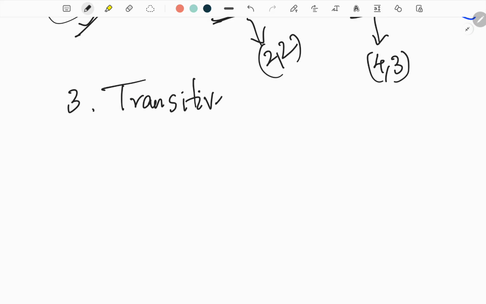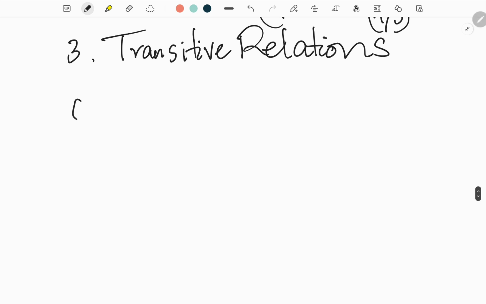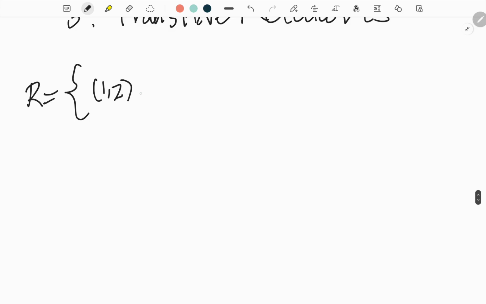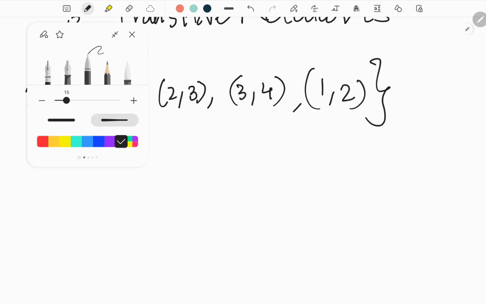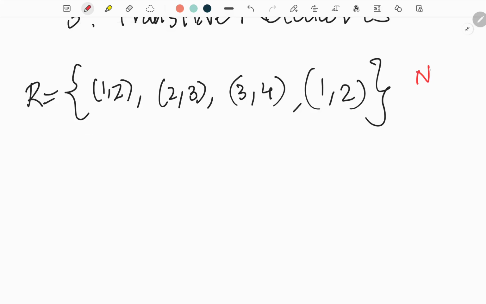This is a little tricky, but I hope you will understand it once I explain. So what do you mean by transitive relation? Transitive relation means, let's say I am going to consider a relation to explain this: 1, 2, 2, 3, 3, 4, 1, 2.